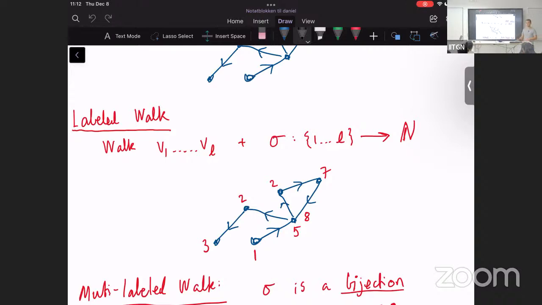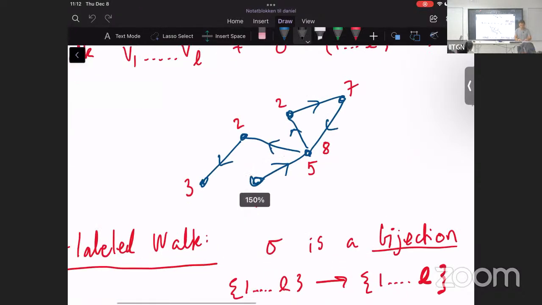So I'm saying the walk first visits some vertex v1, v2, v3, v4, up to vl. And then I have a function sigma from 1 through l, the length of the walk, to the natural numbers, where sigma 1 equals 5 means that the first vertex gets labeled 5, sigma 2 equals 3 means the second vertex gets labeled 3.